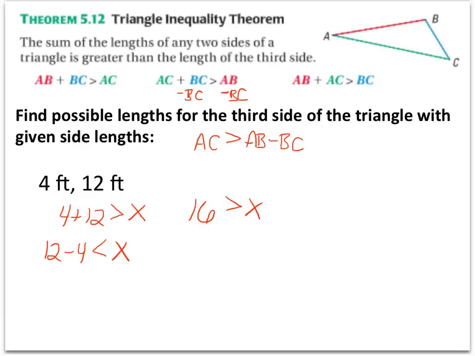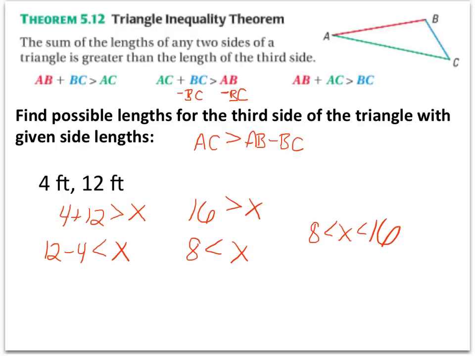And 12 minus 4, 8, is less than x. So another way to put it is that 16 exceeds the value of what this third side could possibly be. So the third side must be less than 16. And 8 is less than the allotted amount for this third side. So to write this out explicitly, x must be between the values of 8 and 16 in order for this to be a triangle.